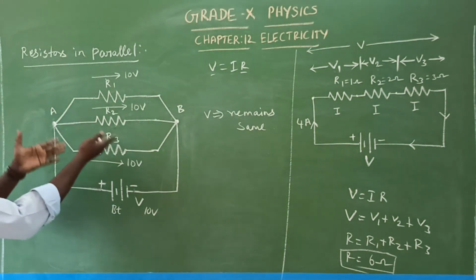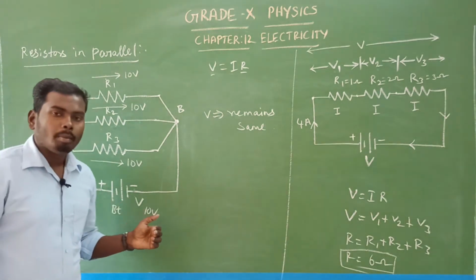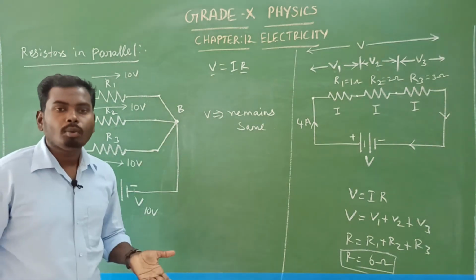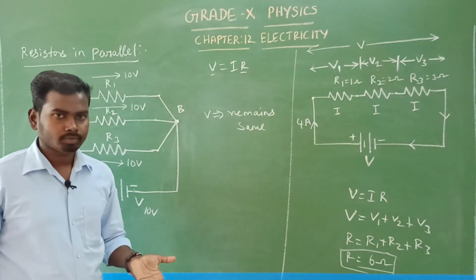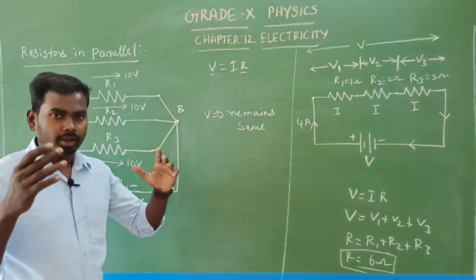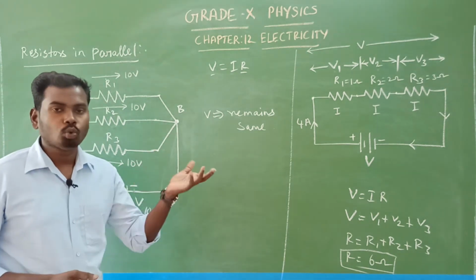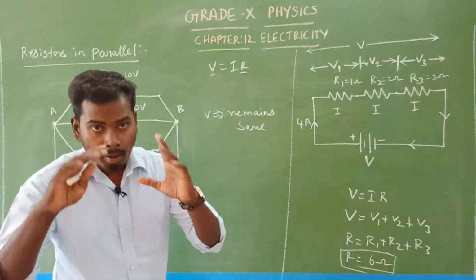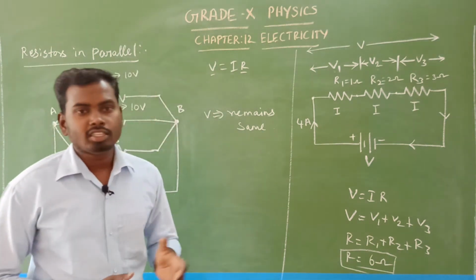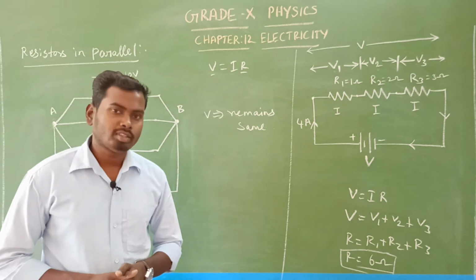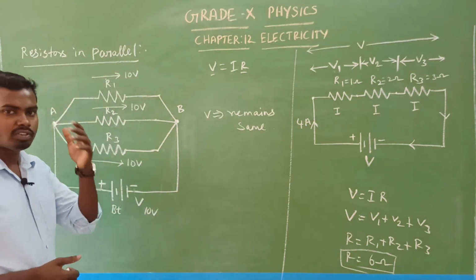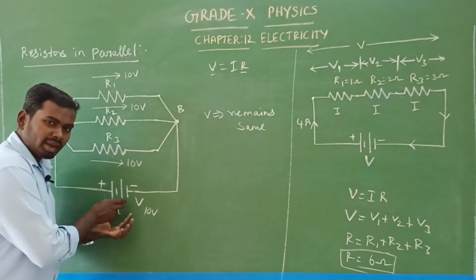Now come to parallel. In parallel combination, when two or more resistors are connected in parallel, each resistor will have the same amount of potential difference, equal to the voltage supplied by the battery.